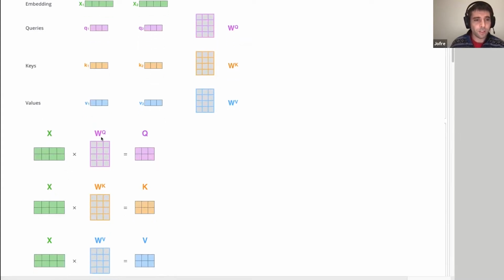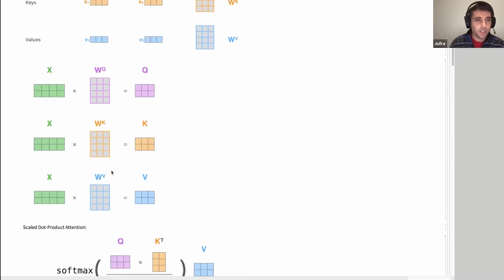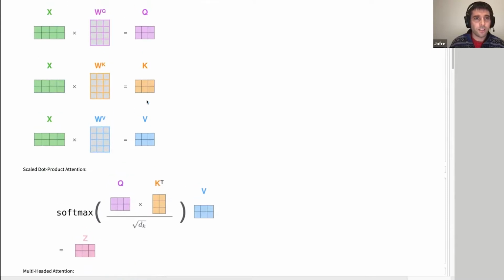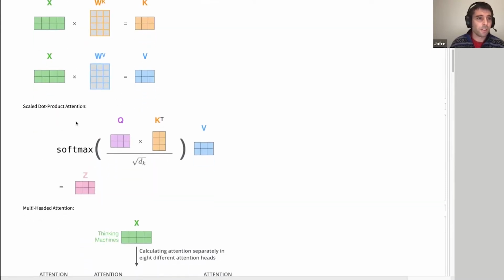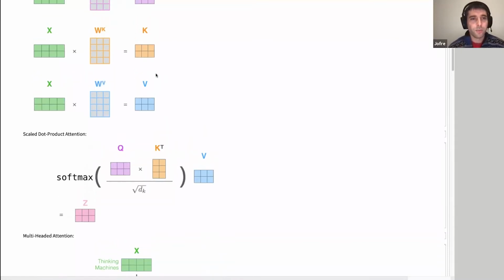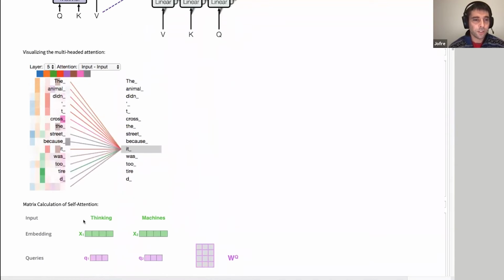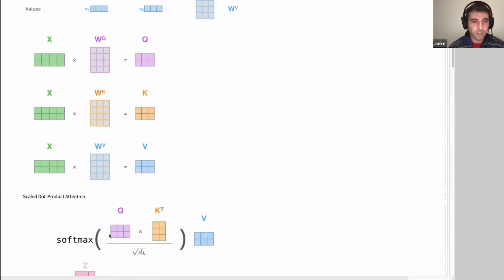These matrices are going to be learned during the training of the model, and the resulting matrices are going to be used in the so-called scaled dot product attention, which is the queries matrix multiplied by the transpose of the keys matrix, divided by a scaling factor. It could be a different number, but in the original paper they used the square root of the dimension of these matrices, which I think is 64, which is smaller than the original embedding vectors, which are typically around 500 or 1024, depending on the model.